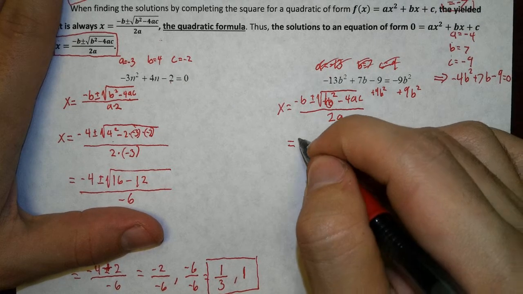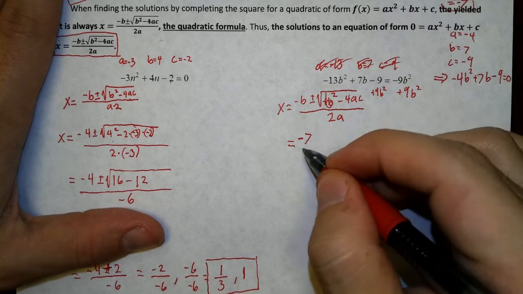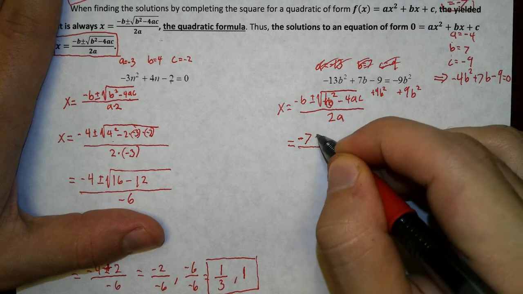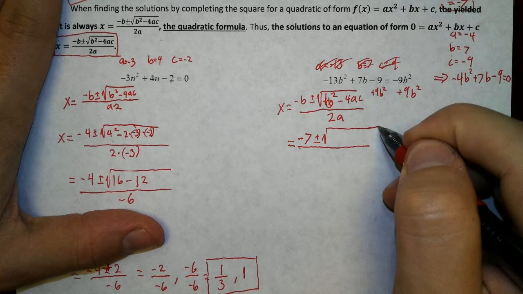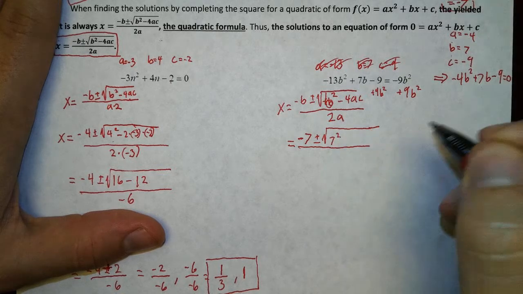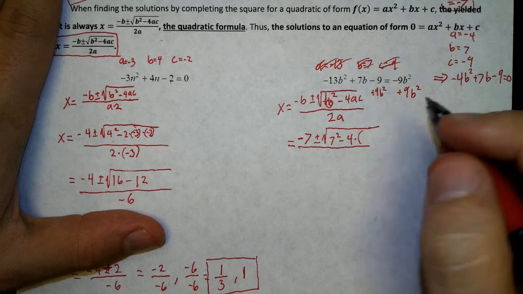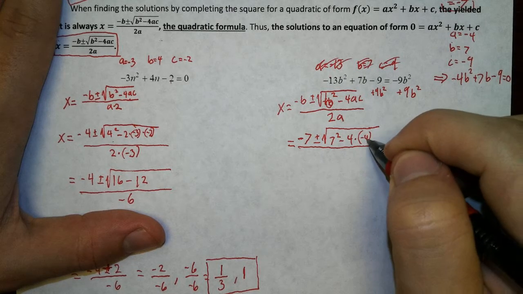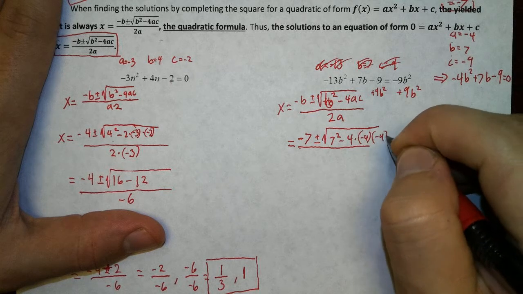B is 7, so plugging that into negative b is going to give us a negative 7, plus or minus the square root. Past my terrible penmanship, that's a b squared, so we're going to have 7 squared right there, minus 4 times a, which is negative 4, times c, which is negative 9.